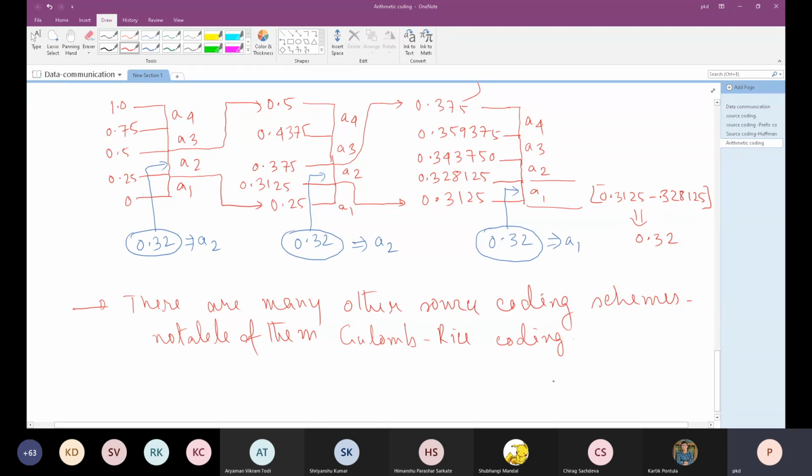That is again based on probability distributions, but some concepts are a little bit different. We will not go through it, but just to say this is one of the famous coding schemes, introduced by Solomon Golomb in the late 60s, early 70s, and then further enhanced by Rice.